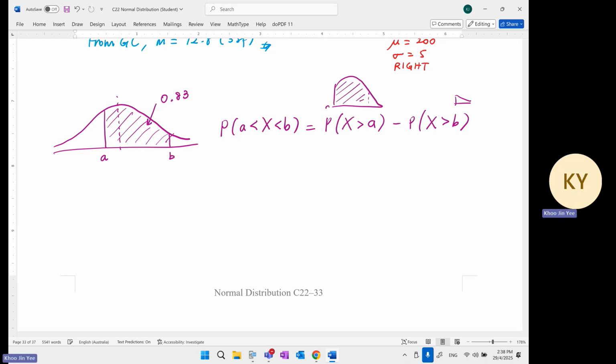This is A, this is B. Or you can also write it as the probability where x is less than B minus the probability where x is less than A. Something like integration, finding the area under the curve, that idea.